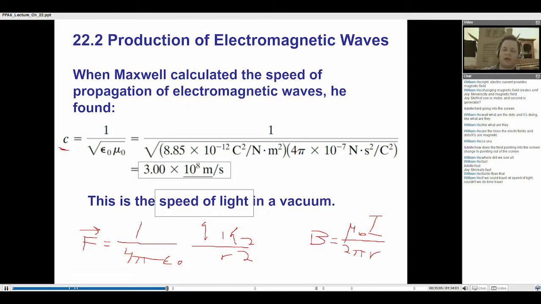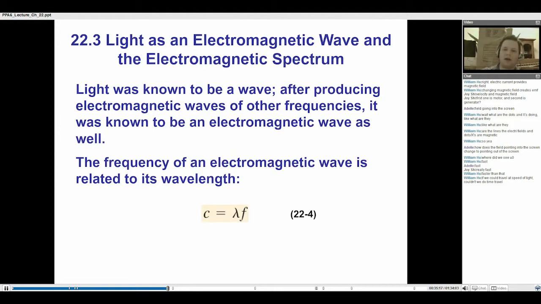Okay, it really is quite astounding what he discussed about how light and electricity and magnetism are all basically sides of the same coin.